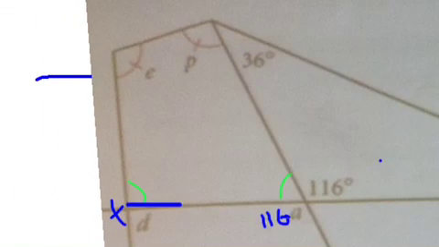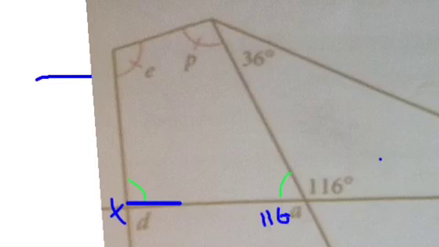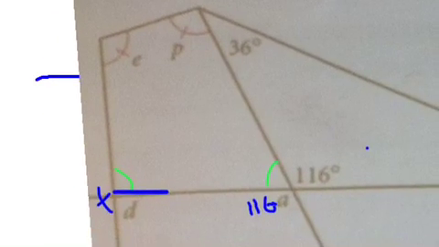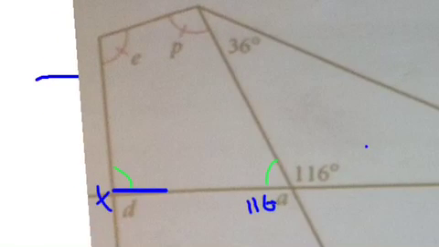Correct? So now it's a matter of you've got a 1, 2, 3, 4-sided shape with the angle E, P, and then the two angles down here, supplemental to D and A. That's now a quadrilateral. The sum of those angles equals 360. And E and P are equal to each other.